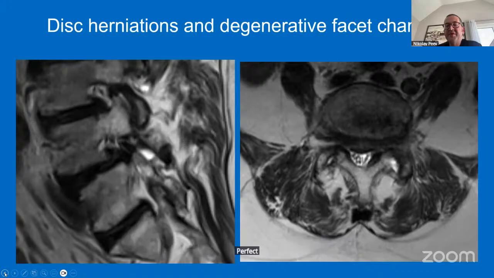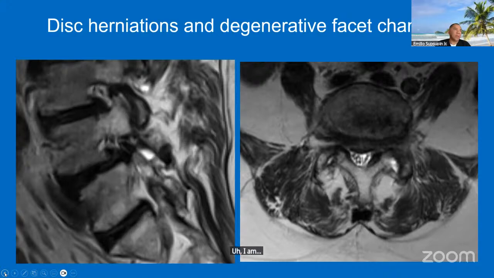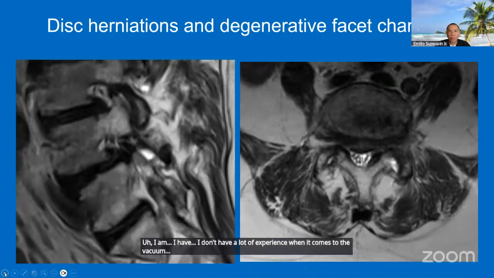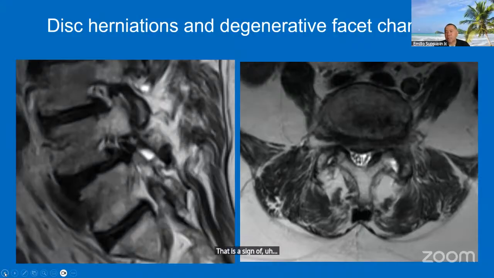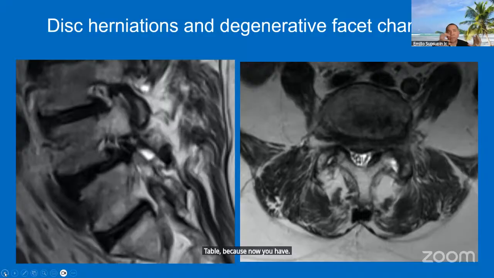Perfect. And if you see an open facet sign like the one that you're showing, and on a CT scan you see a vacuum phenomenon, would you report that as unstable? I don't have a lot of experience with the vacuum disc phenomenon, but I do think it's telling me that it could be unstable, because now you have gas that is contained and then migrates into the spinal canal.